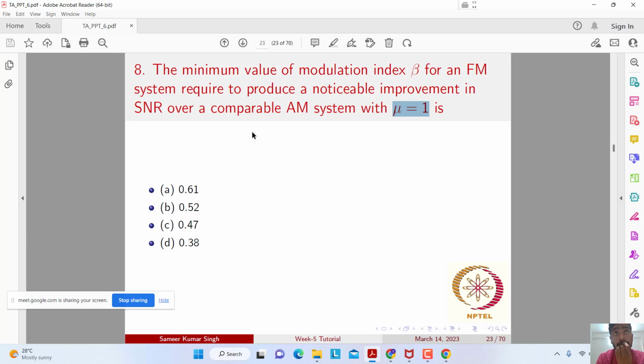You have to compare with the FM system. So for the case of FM, efficiency or SNR, if we say the SNR of the AM system and FM system is the same.